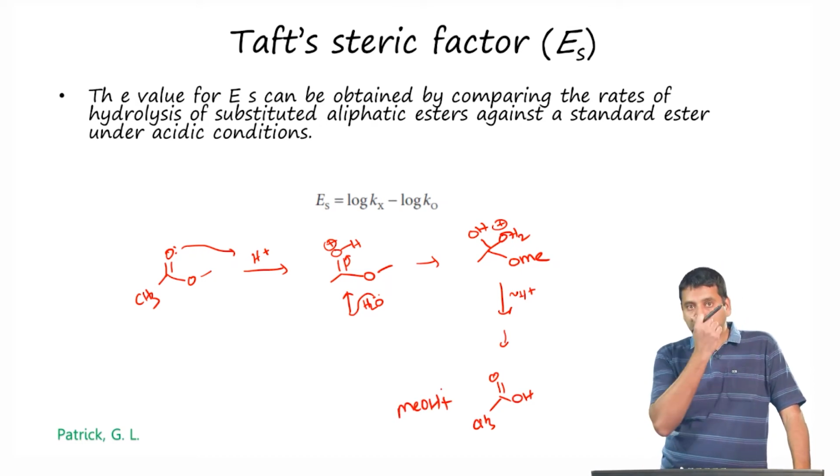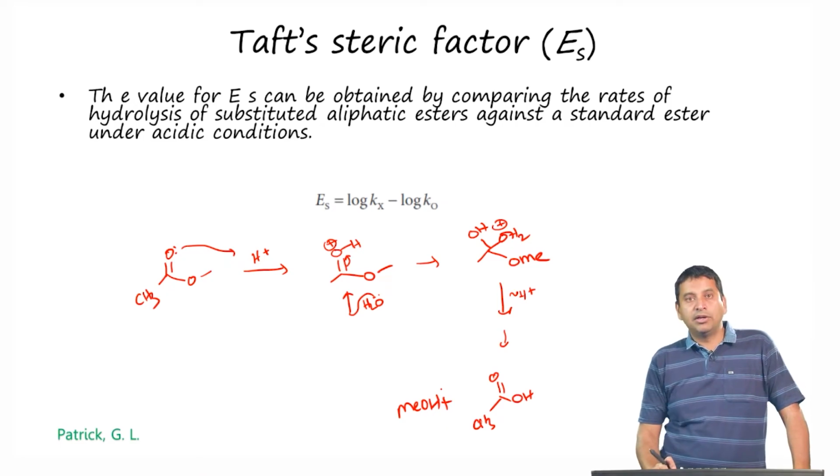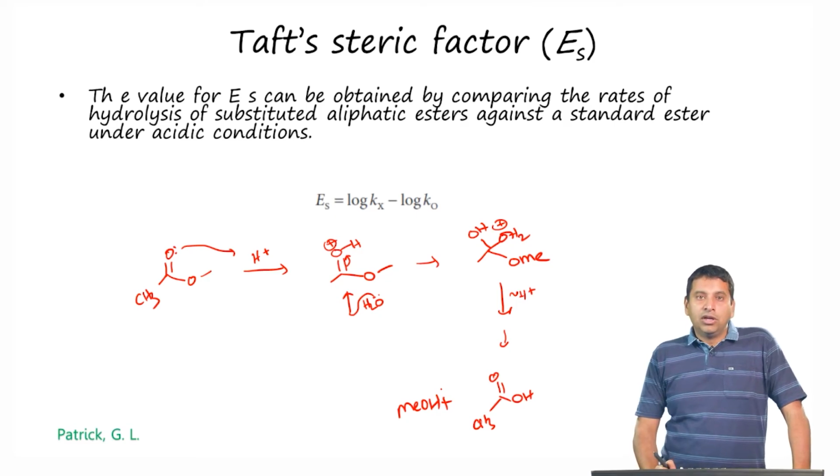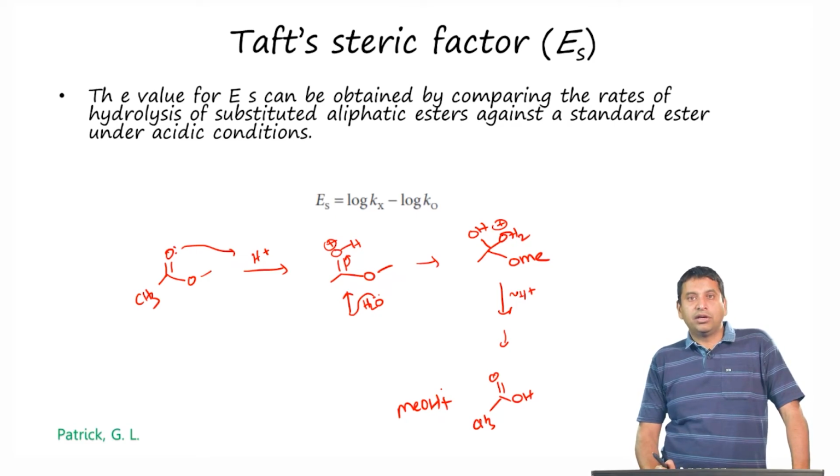So, similarly, if you go back and look at the Hammett reaction, we looked at ester hydrolysis as one of the things that we wanted to consider with respect to the equilibrium between benzoic acid and benzoate. So, here what we look at is the hydrolysis of substituted aliphatic esters against the standard ester under acidic conditions.